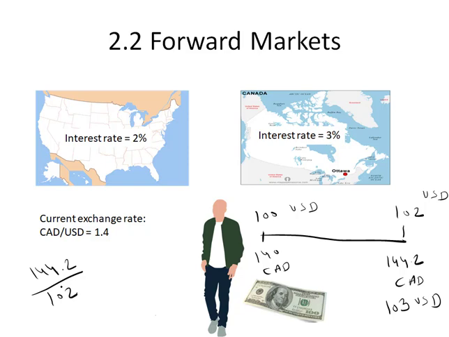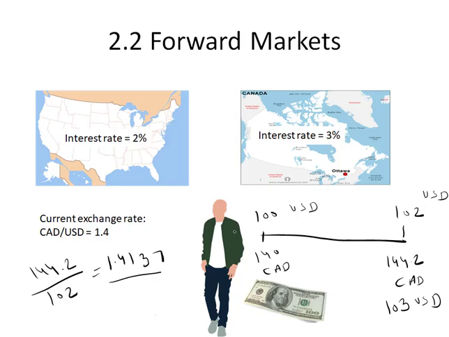If I use my calculator here, 144.2 divided by 102 is 1.4137. So that should be the exchange rate at the end of 1 year, so that this individual doesn't make an arbitrage profit. This is very important because we want to make sure there is a balance here.